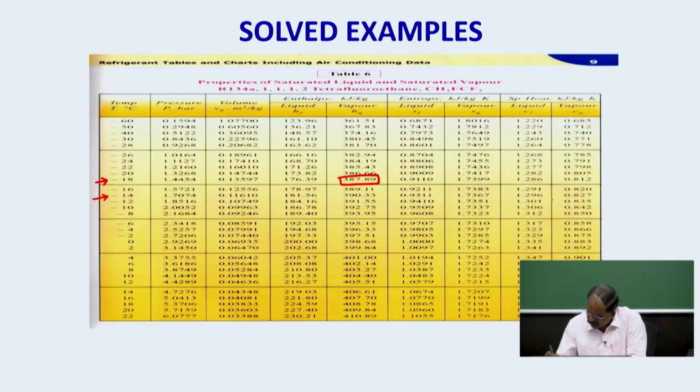Cp of vapor is, this is specific capacity, the last but one column is specific heat capacity of liquid and the last one is Cp of vapor. So 0.827 kilojoule per kg Kelvin.